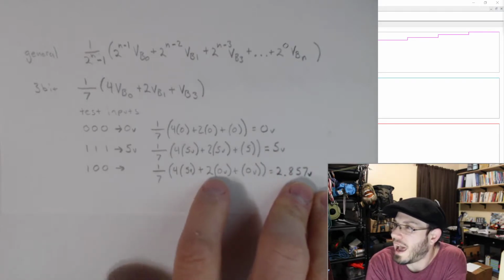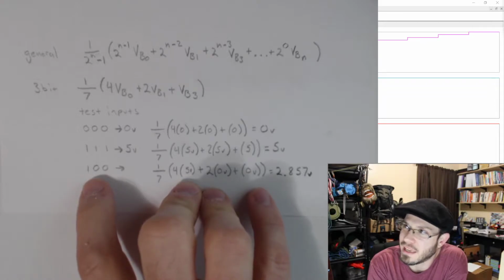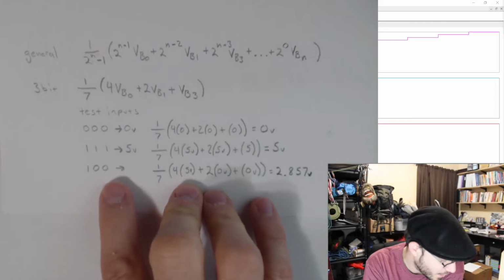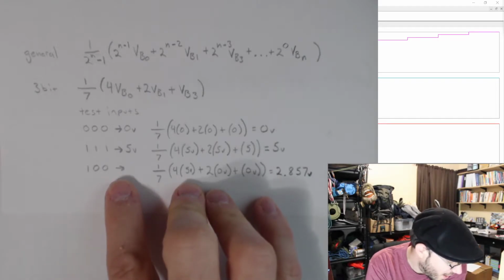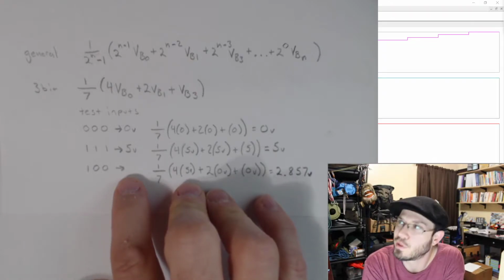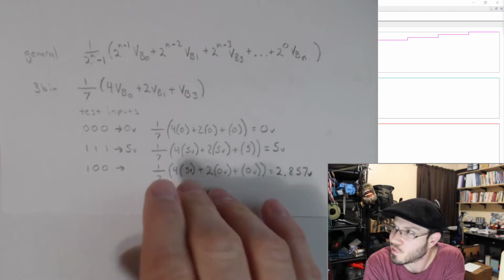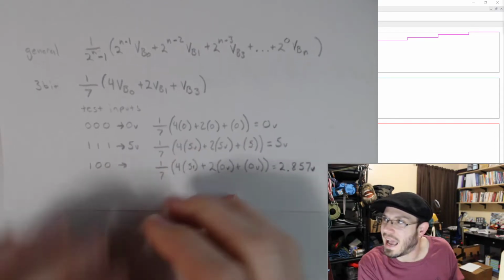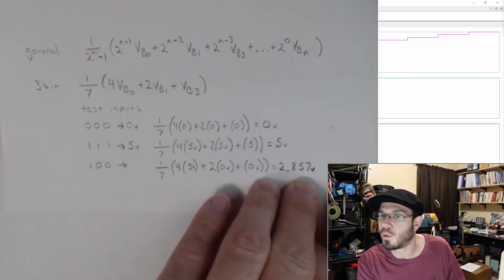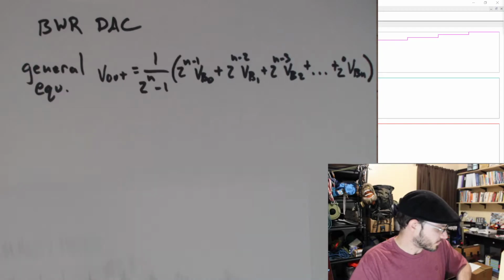And then I took the halfway case, where we're giving it 1, 0, 0 over here, and you would think that you're going to get half of the voltage, 2.5 volts out, but as you see, it's actually not exactly at the halfway. When you solve that out, you get 2.857.